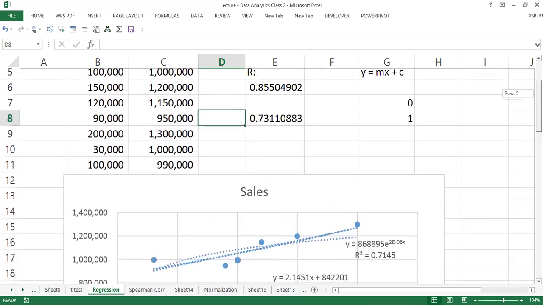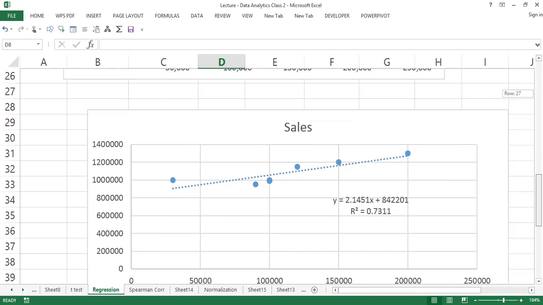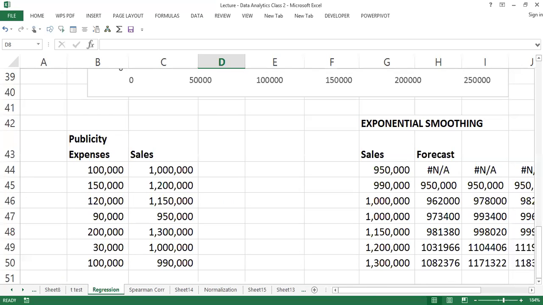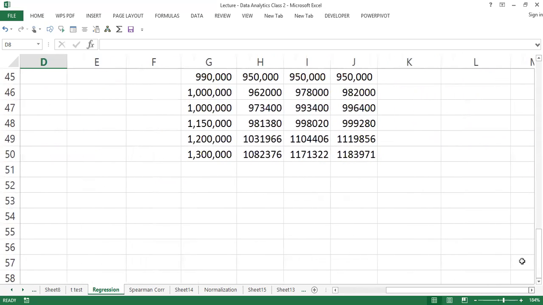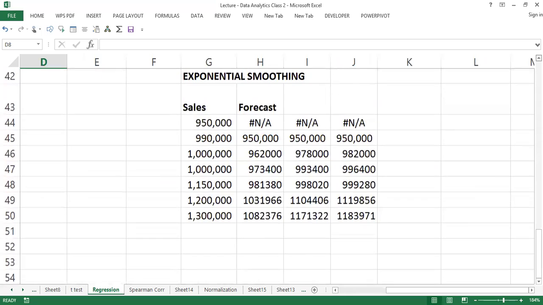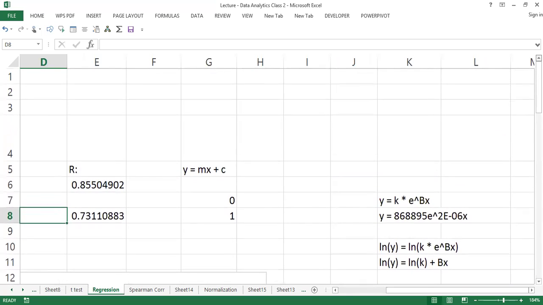I'm not going to erase it. Now, there's something you should notice. When we are dealing with regression, we always talk about comparison of variables, not just one variable.